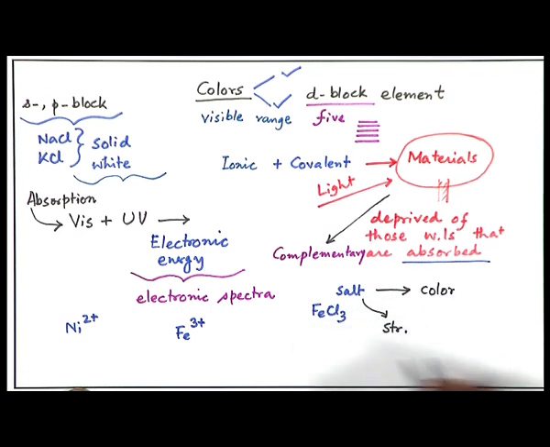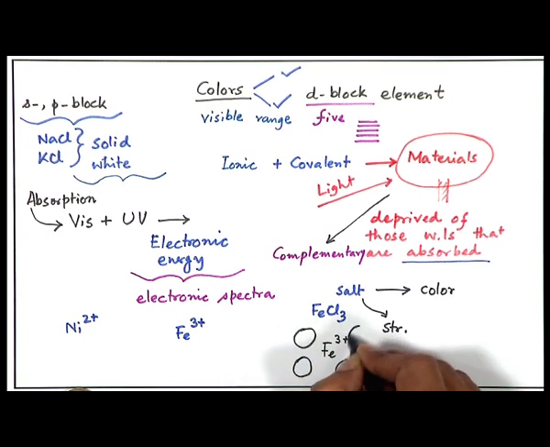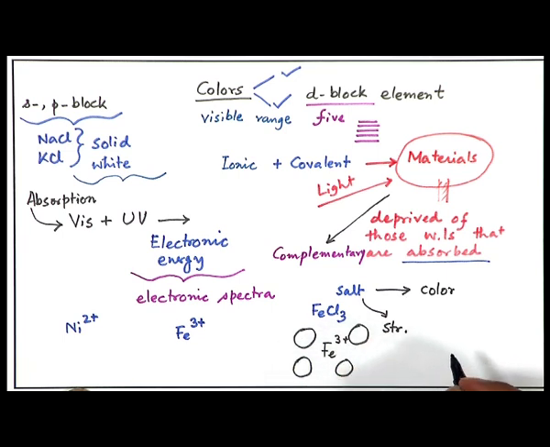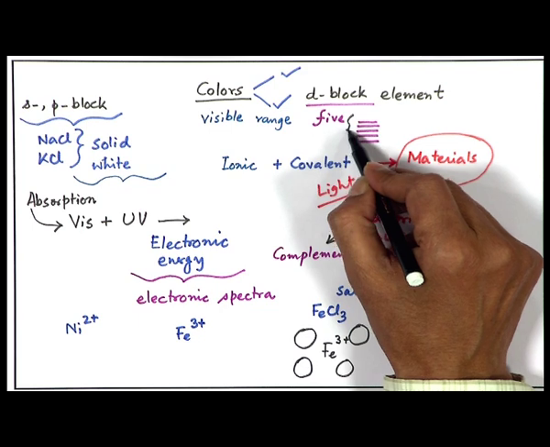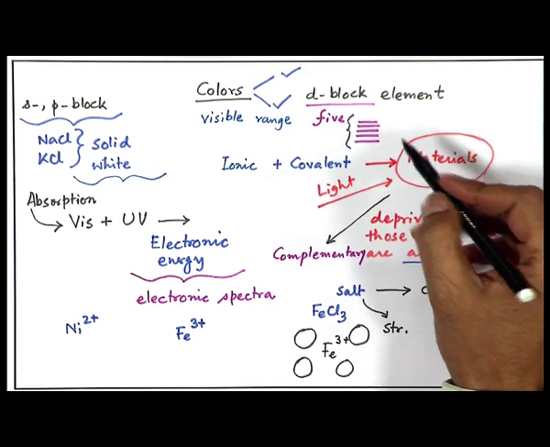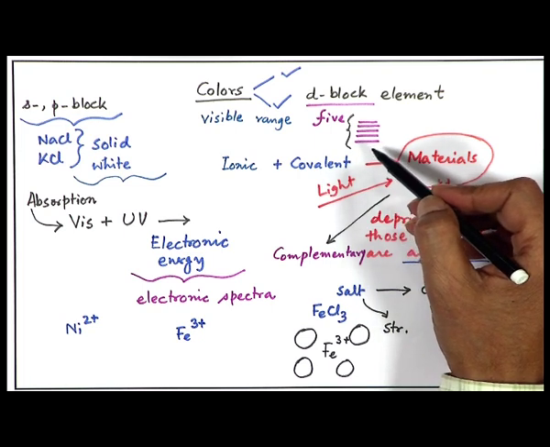So, in the solid state structure we have Fe3+ which is surrounded by different numbers of corresponding spheres of chloride ions. When chloride ions are surrounding Fe3+, we should also have some idea of what will be the condition of these 5 degenerate d orbitals or the 5 degenerate d levels.